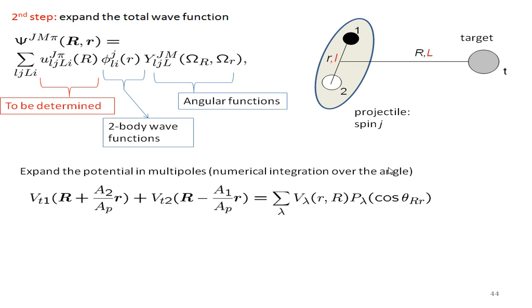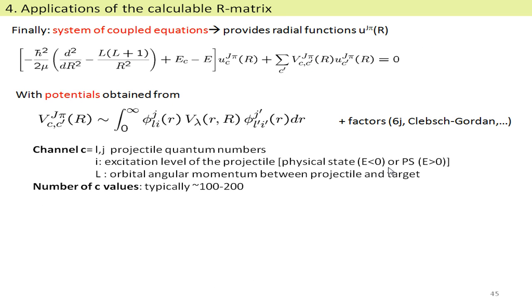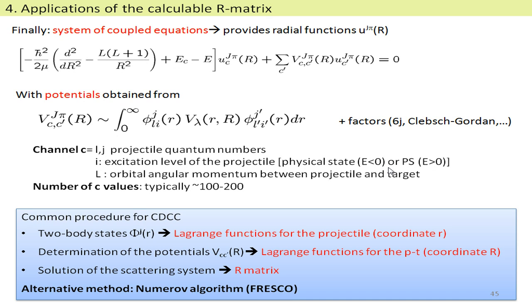These are known functions, in general Woods-Saxon or Gaussian optical potentials, and then you insert this expansion in the Schrödinger equation, and you end up again with this coupled system of equations. And the potentials here are simply determined from matrix elements of the two-body states. So this is the common procedure for all CDCC calculations: determining the two-body states, determining the coupling potentials, and then solving this coupled channel system.